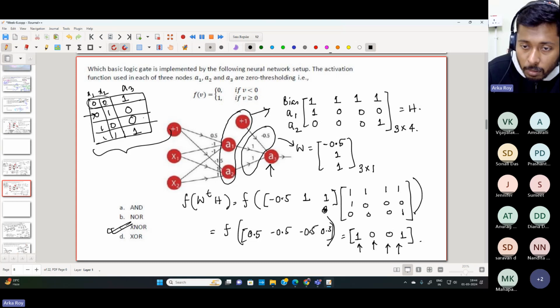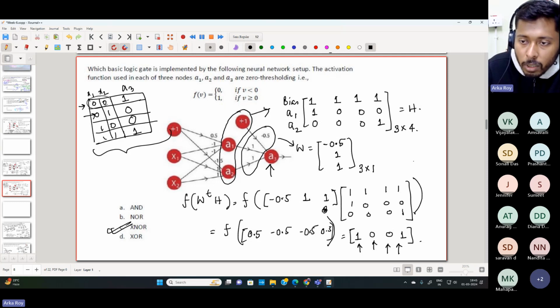So in this way, you can propagate these values one at a time. That is there in the solution sheet as well. If you have seen the NPTEL solution sheet, you will see that they have first fed 0, 0 and checked the output, then fed 0, 1, then checked the output. That you can do.